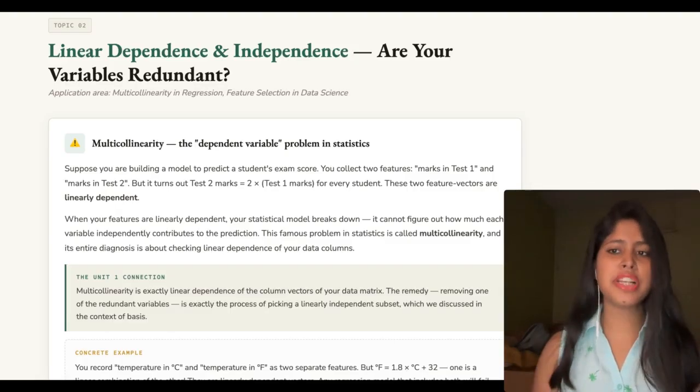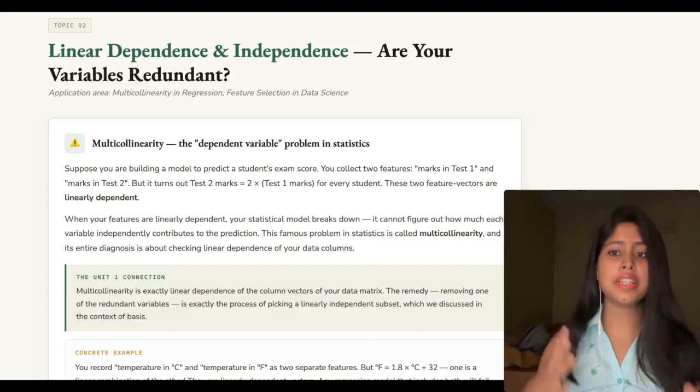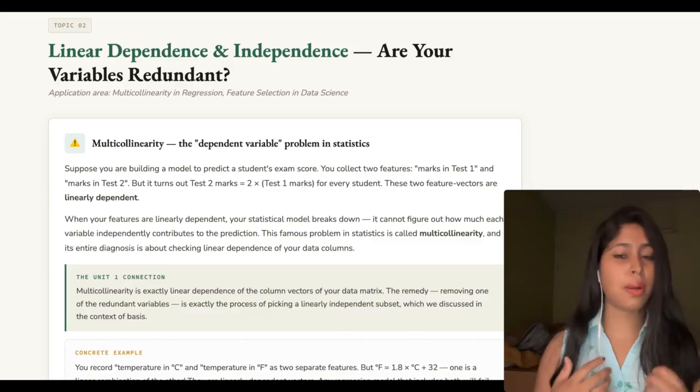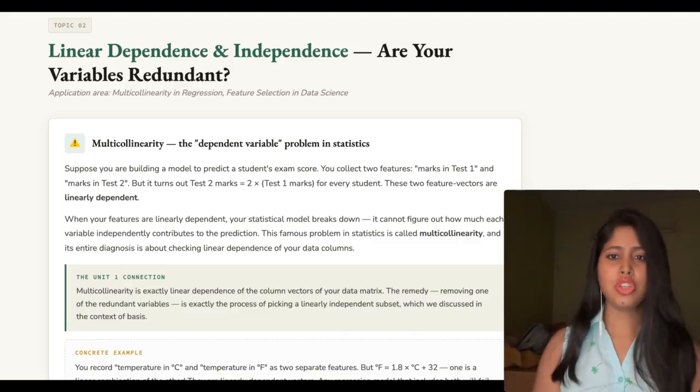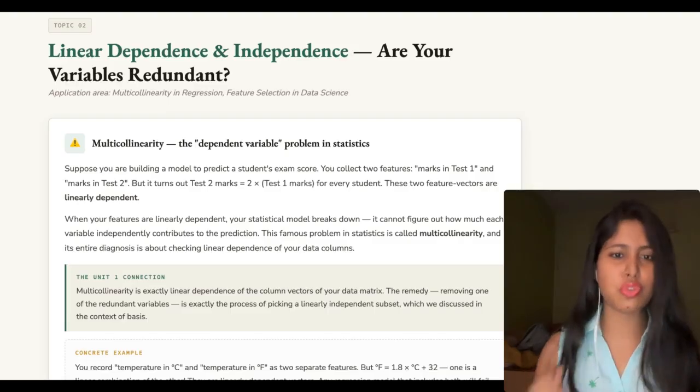Any split between them works equally well mathematically. The model has infinitely many solutions and becomes completely unreliable. So this is multicollinearity, and every applied statistician has to check for it before running a regression model into something which we should trust, right?